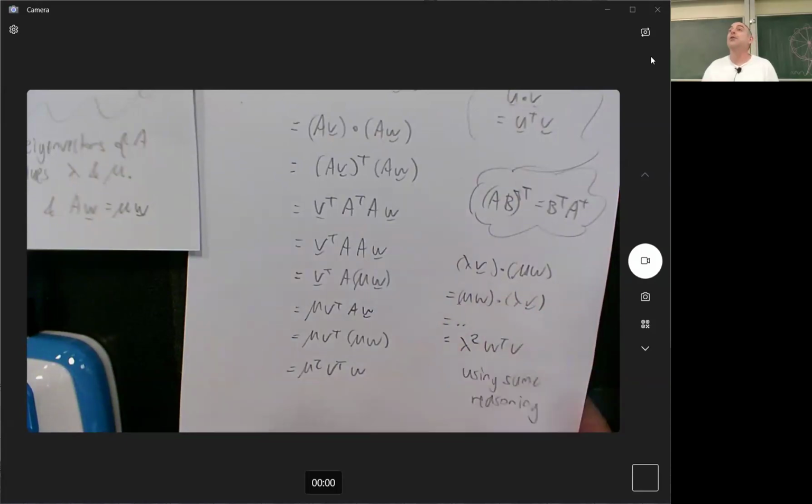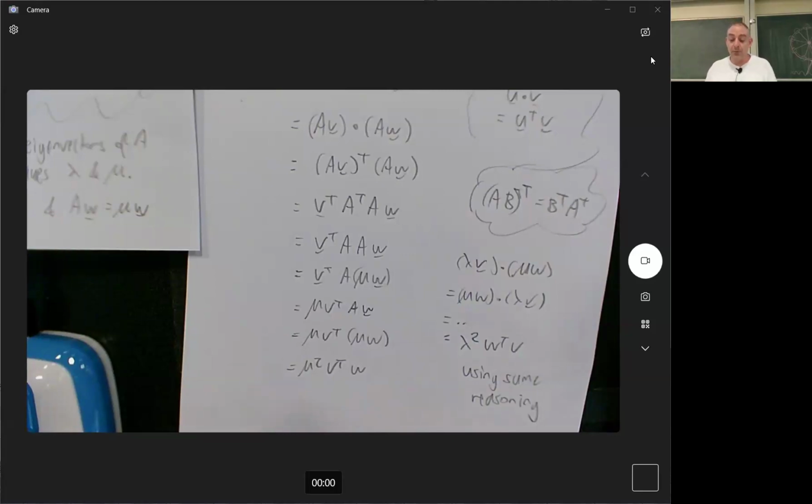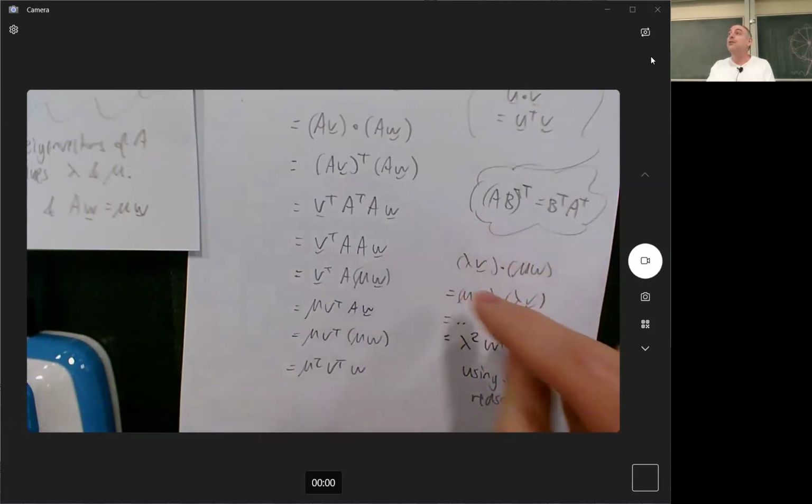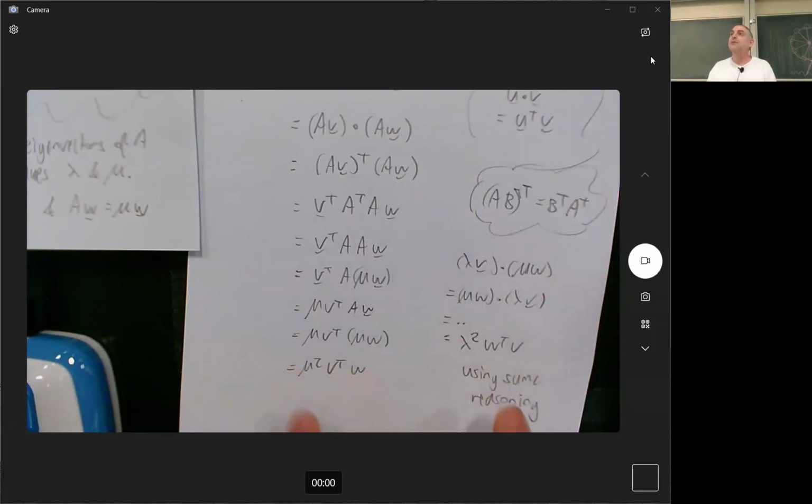This is a trick you can use when you're doing proofs. If you think that it will work exactly the same way, but you've just moved the things around, then you can just say, well, it's the same working. You don't have to put the bit in the middle if you don't want to.